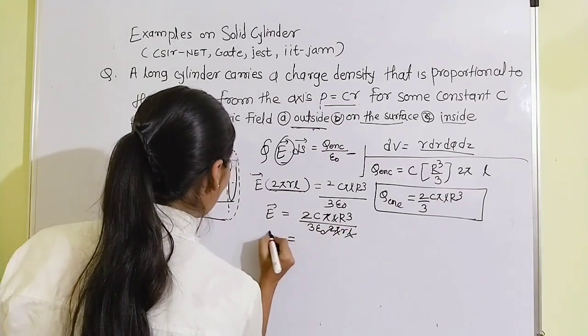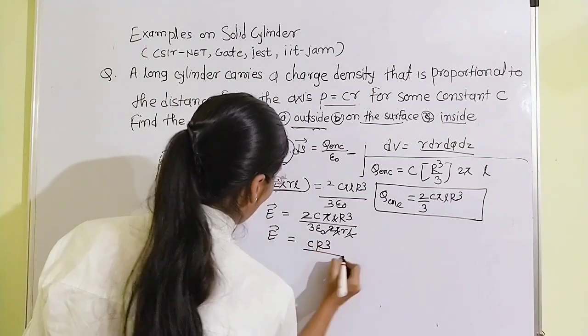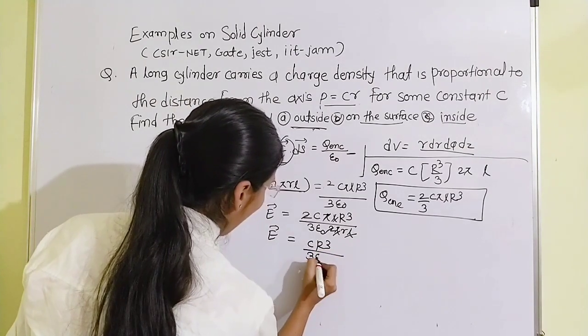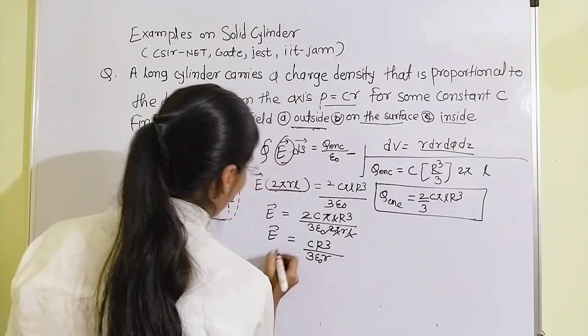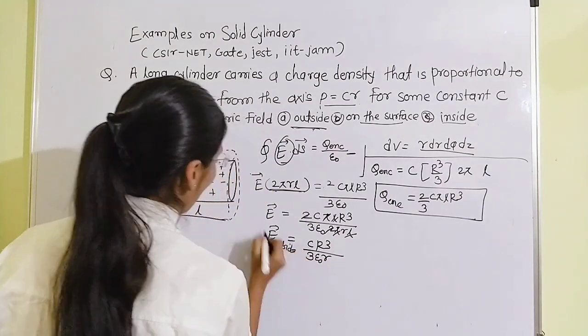So the electric field E bar is equal to C R cube by 3 epsilon naught R. This is the electric field outside the cylinder.